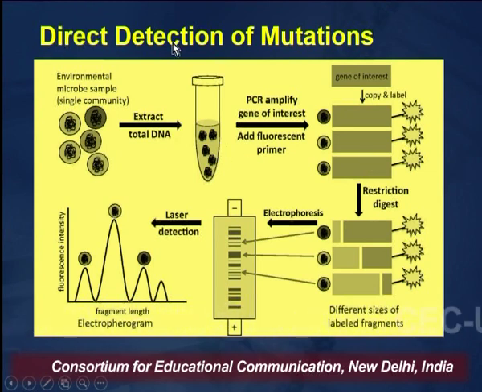As I said, for direct detection of mutations, the gene or the region where the mutation has occurred needs to be known, so that we can use PCR primers to amplify that particular region or gene and then we digest them. This gives rise to a restriction fragment length polymorphism, because the restriction enzyme sites would be at different points in this DNA.